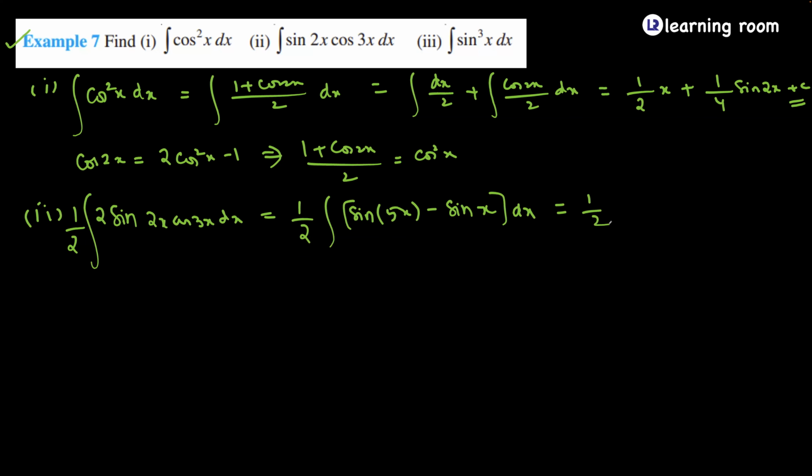Half into integral of sine 5x. So half is common. Integral of sine 5x is minus cos 5x. Very good. Minus, so minus is already there. So integral of sine x is going to be minus cos x plus c. And we are done. Is that point clear? That's it.